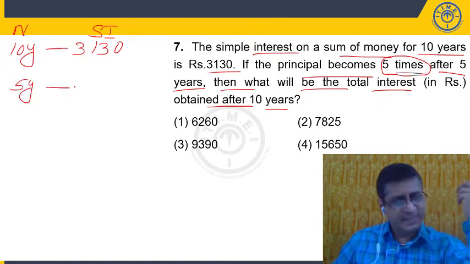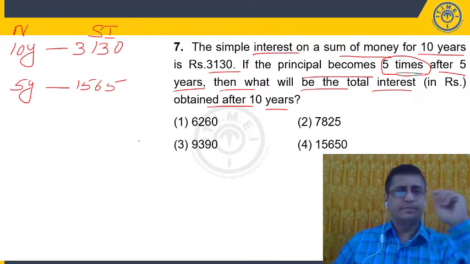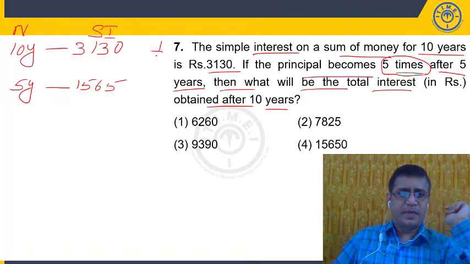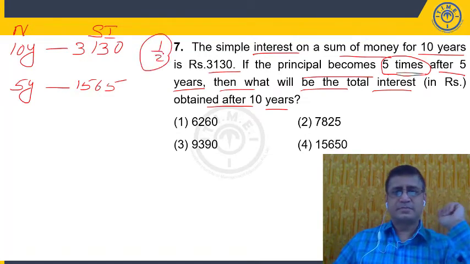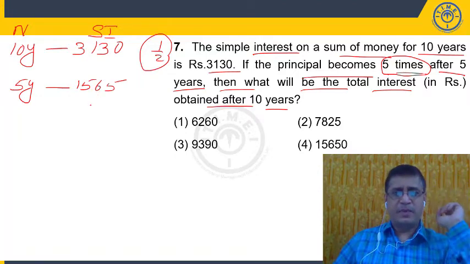Yes, you are right. Of course, half of the value. What is half of the value? So 1565. Am I right? 1565, half of the value. Yes? For 5 years, the interest is 1565.